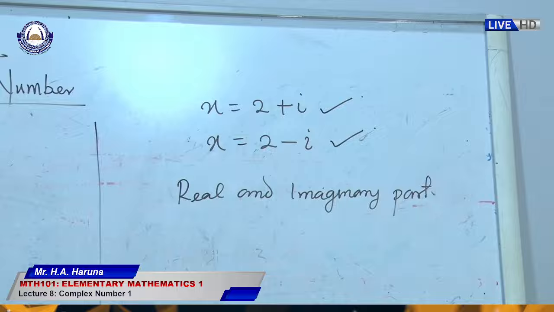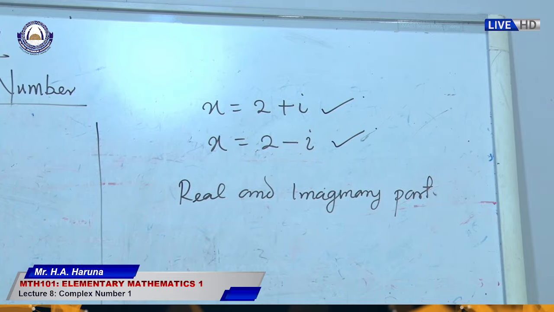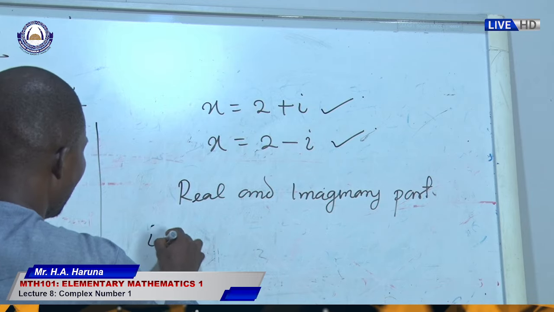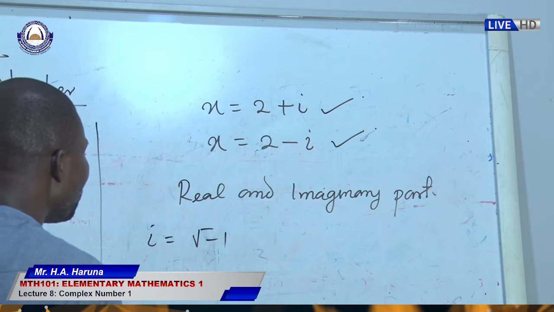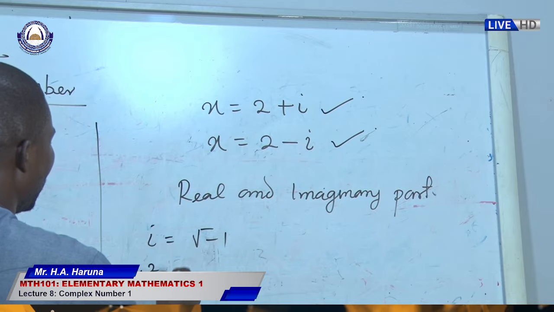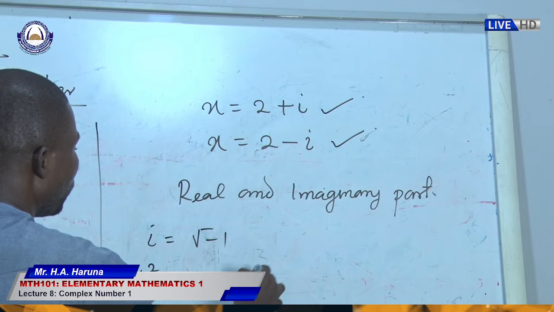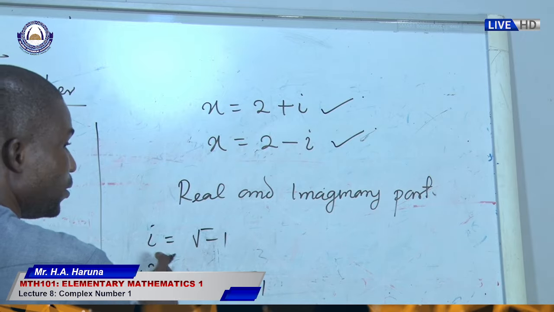So let's see how we can proceed with the understanding of i, because I have brought in i, and then we need to know what i is. You recall that i is equal to the square root of negative 1. If that is the case, then you can say i squared is equal to the square root of negative 1 times the square root of negative 1, because it's squared.